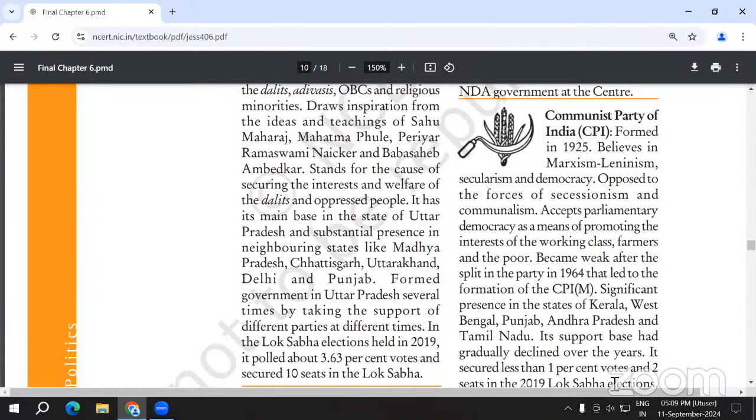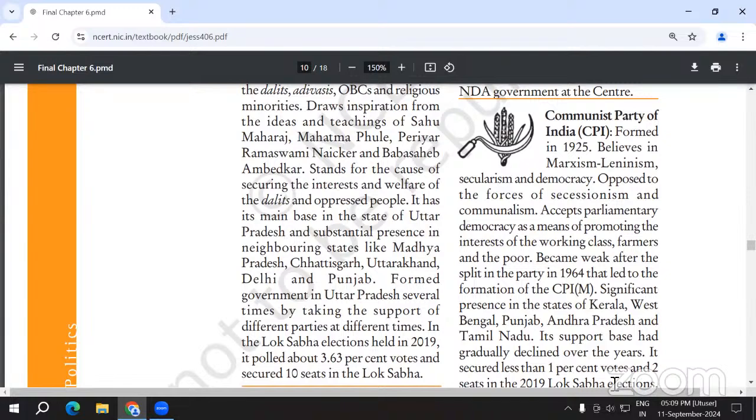Earlier, you know that the zamindari system and the domination of the landlords were there. So that time, their attack was against the landlords and to give land to the original workers. That means those who are doing work on the land. Clear this point? Now let us see the next one.